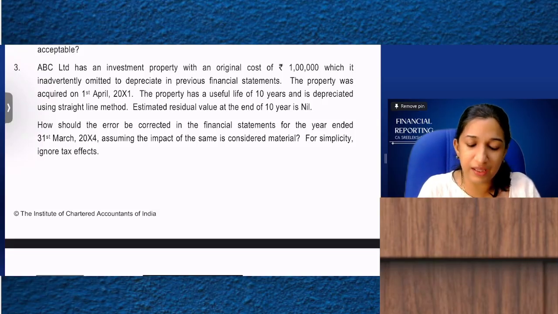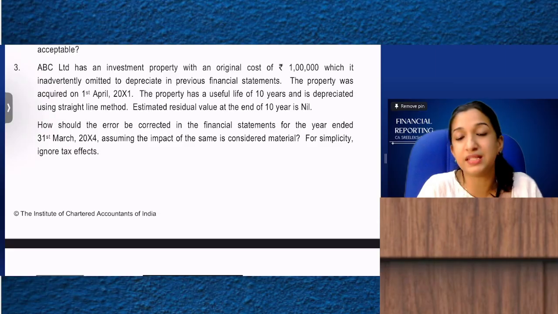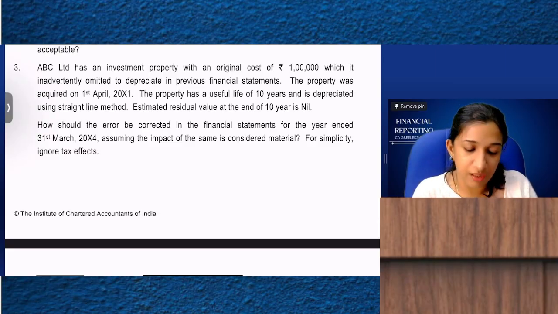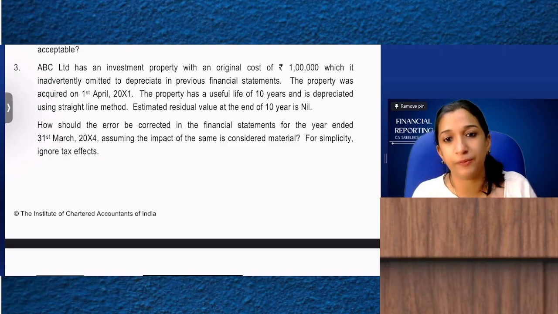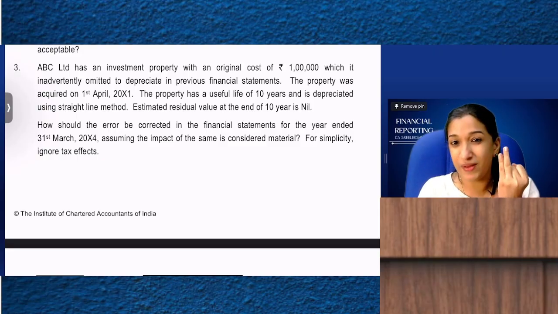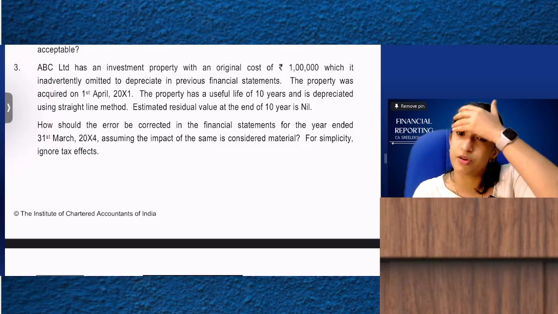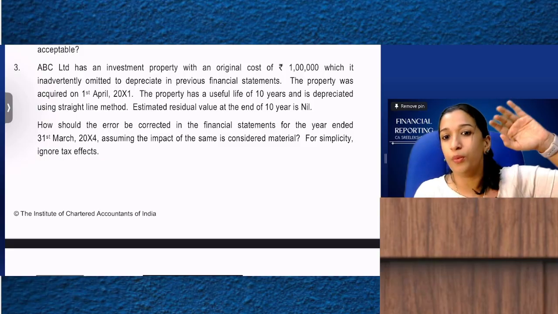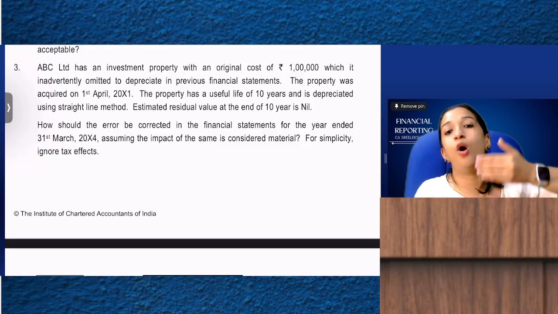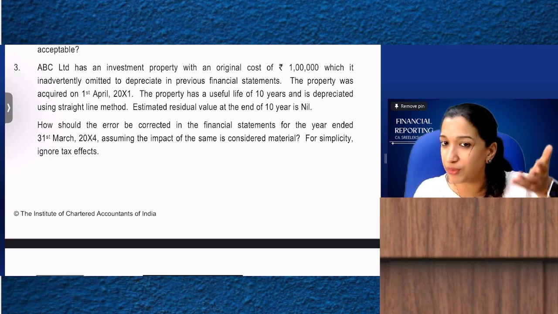How should the error be corrected? For simplicity, ignore tax effects. So you need to start correcting from, so current year is 31st March 14. So 13/14, 12/13, 1st April 2012. You need to make the correction retrospectively. So the effect should be given in the opening balance sheet, that is beginning of the previous year.